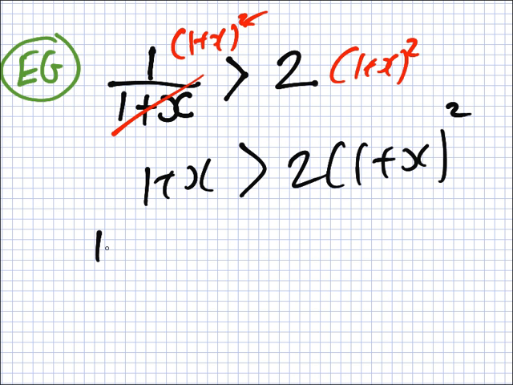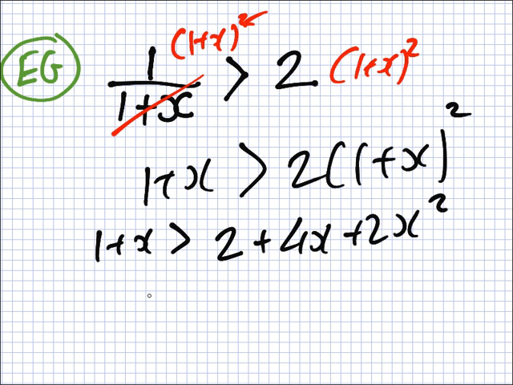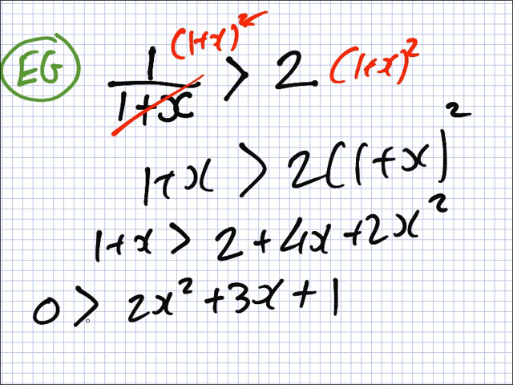Look, so this is 1 plus x is more than 2 plus 4x plus 2x squared, yeah? So that's 2x squared plus 3x plus 1, is that right? If I take everything over to the right, is that right? Yeah, that's right, isn't it?